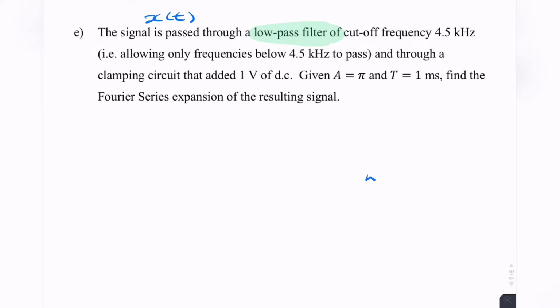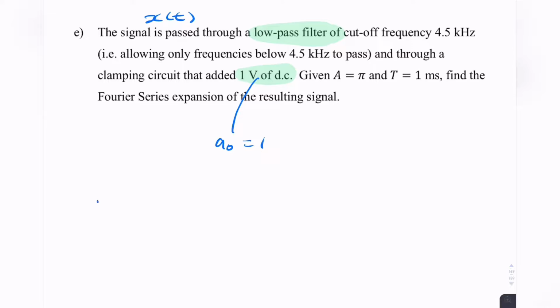The question is, if you know the cutoff frequency of the filter, what's the Fourier series of the resulting signal? So we also know that there's a clamping circuit where 1 volt of DC is added. So x of t will now have an A naught of 1. So our new signal is no longer x of t, it's y of t.